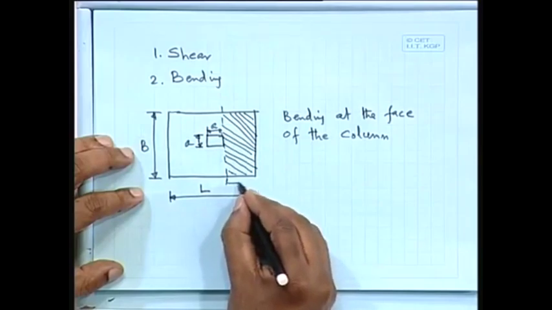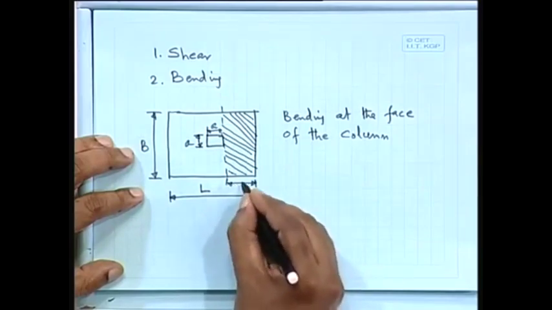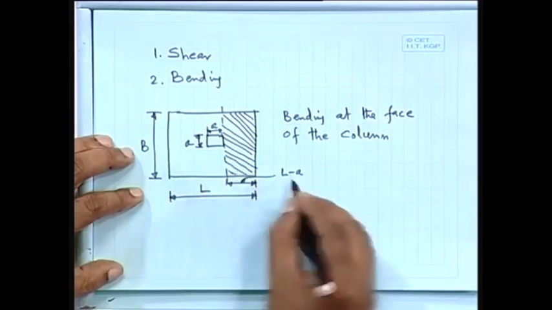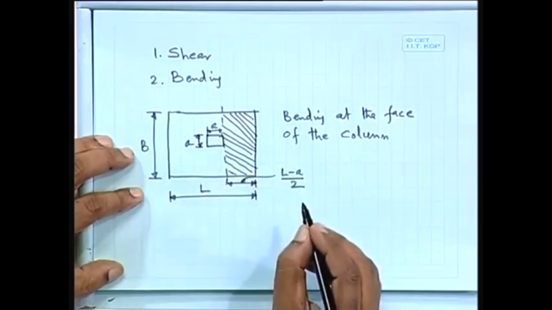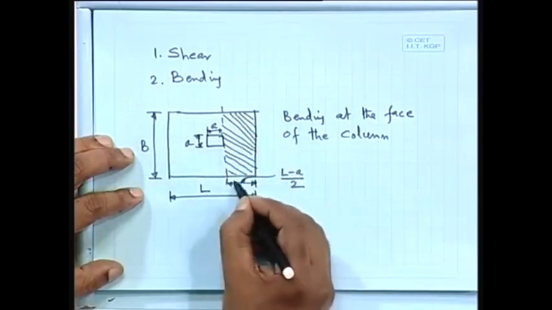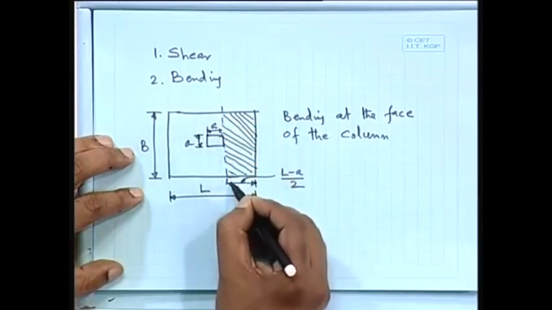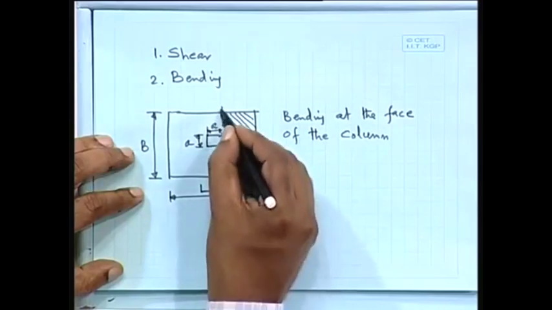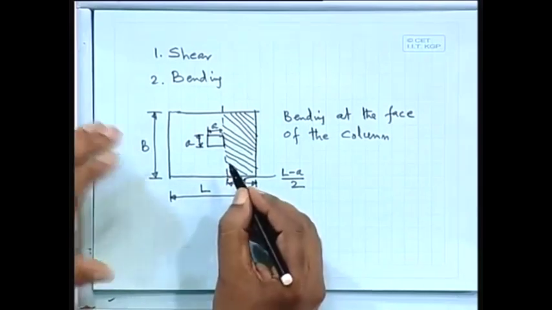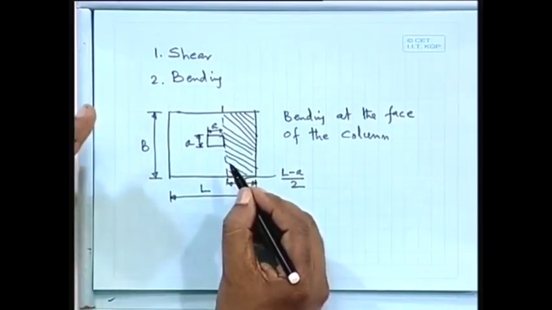So this length is equal to L minus A by 2. We shall take this portion L minus A by 2. Due to bending, we shall find out the bending moment at this position, which will be taken care of as a cantilever beam.